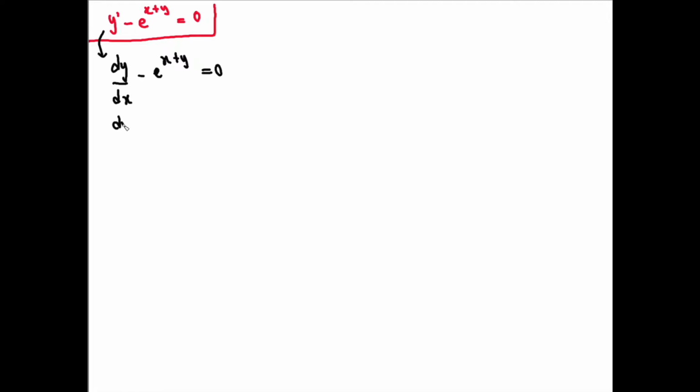That gives us dy minus e to the x plus y dx equals 0. Okay, so now the question is, how do we separate these two out?